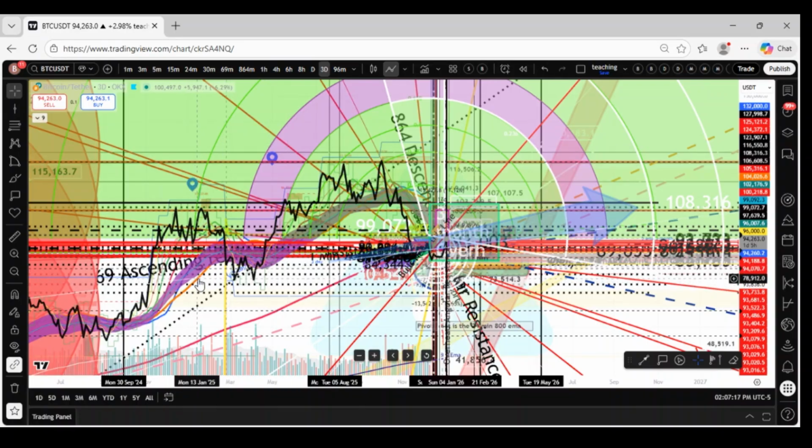And then the orange line is the 50 MA. So see how that orange line didn't get up into this pink arc here? And then we didn't get back into it above here, right? We got stopped right there. See how that MA is falling.